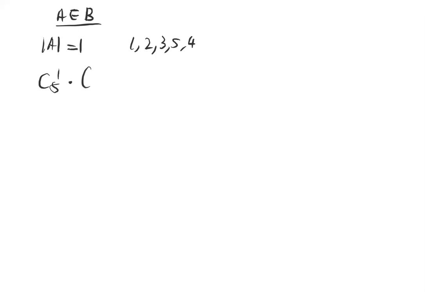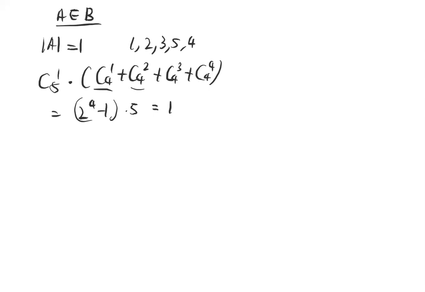Since A has to be a subset of B, we have to make B a set that is greater than A but also contains the elements of A. So we only have 4 choices left, because we have to include the number A chose. So we have 4C1 plus 4C2, and so on, for when B is 2, 3, 4, and 5 elements long. So we have 2 to the power 4 minus 1 times 5, and this is 75.